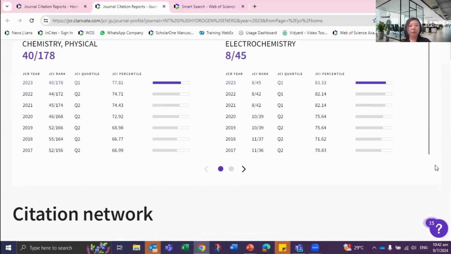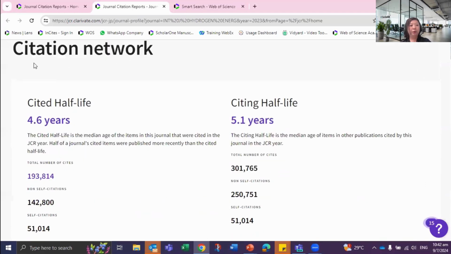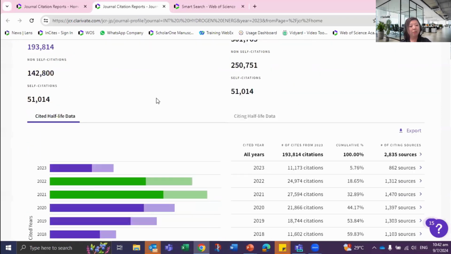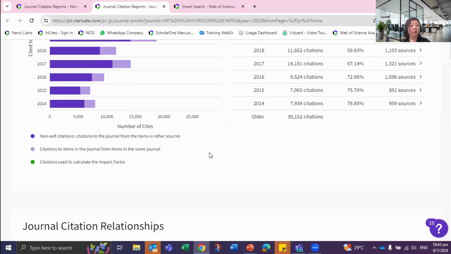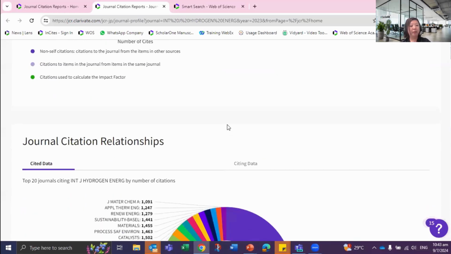Okay. And if we go further down, we have the citation network of the journal. This gives you a glimpse of citation relationships between this journal and others. It works quite well to give you an alternative list of journals that you might want to consider that is close enough to this one that you were looking at, especially when you might have been rejected by International Journal of Hydrogen Energy.